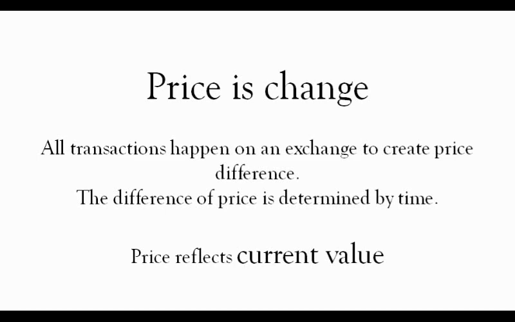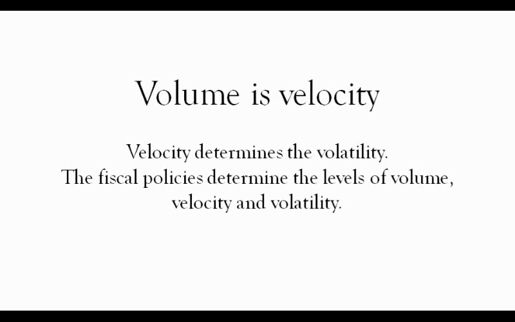So price action trading with tape reading only needs two things, and price is the first component, and volume is the next one. So volume is velocity. This is the same thing. When we're talking about velocity, what we're talking about is volume. So velocity determines the volatility. The volatility is the velocity. The velocity is the volume.